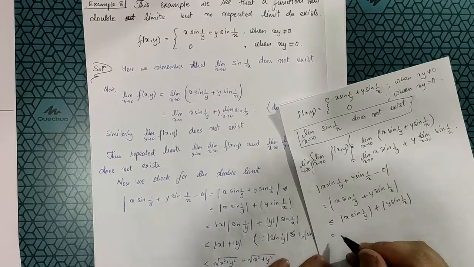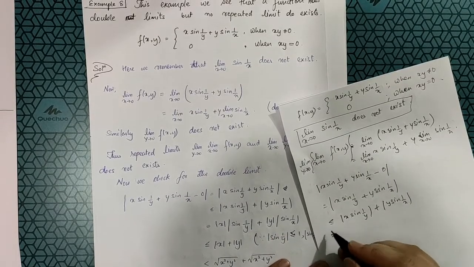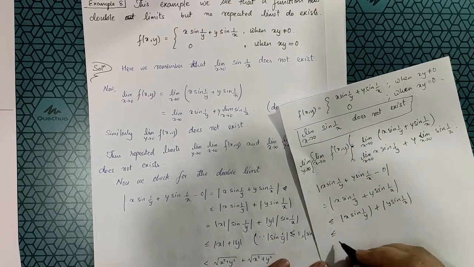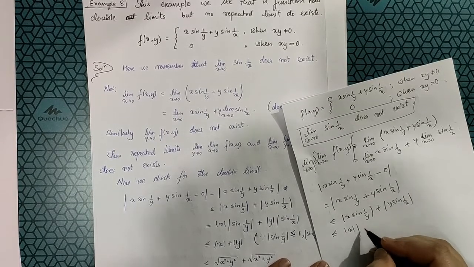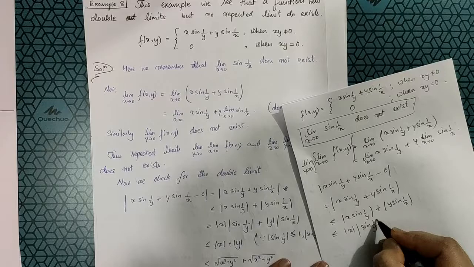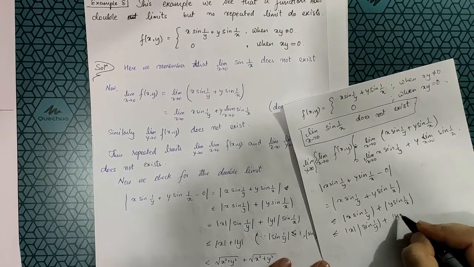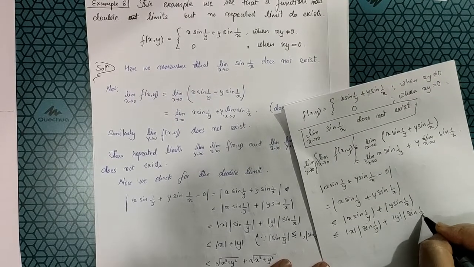And this is less than or equal to, by the triangle inequality, modulus of x sine 1 by y plus modulus of y sine 1 by x.